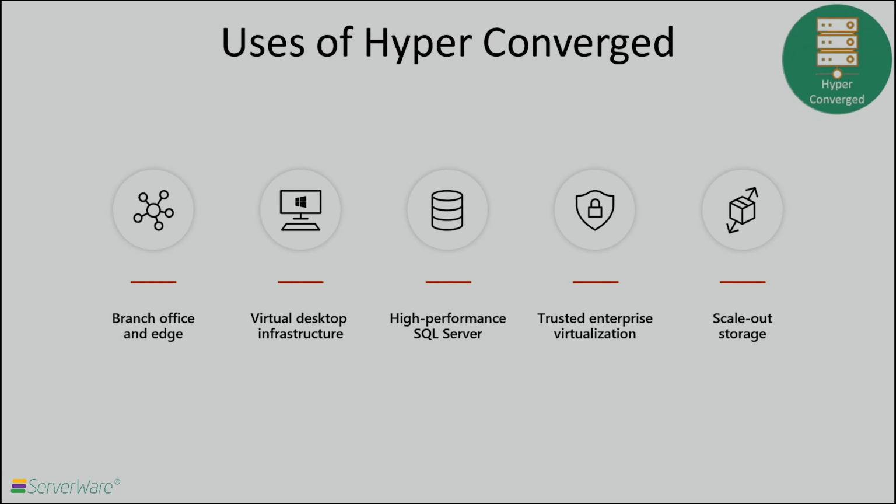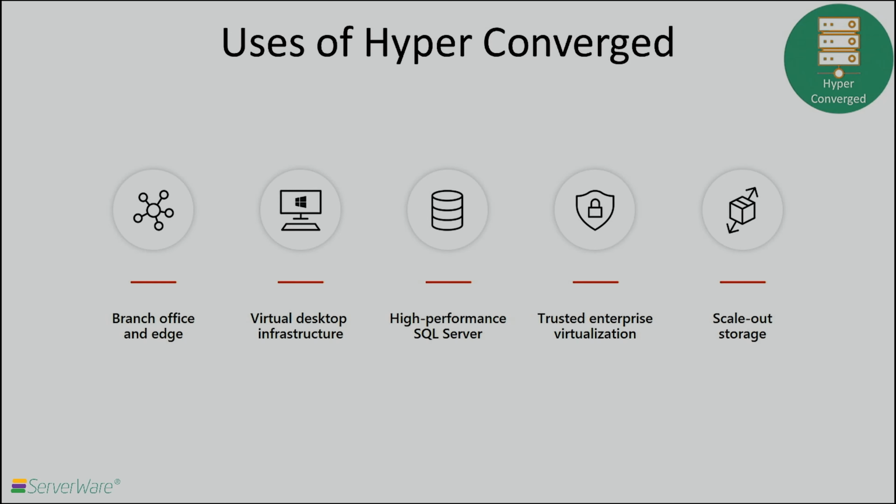But I'm sure many of you know that with HCI, there are at least these 5 scenarios which are particularly pertinent. From branch office and edge to virtual desktops to SQL Server, especially in the most intense performance requirements, and of course the old trusted virtualization.